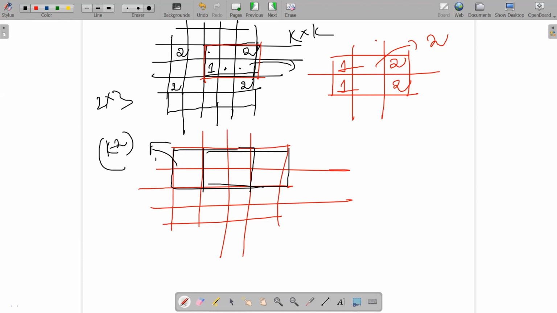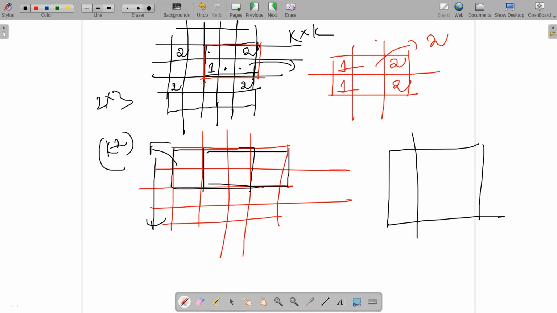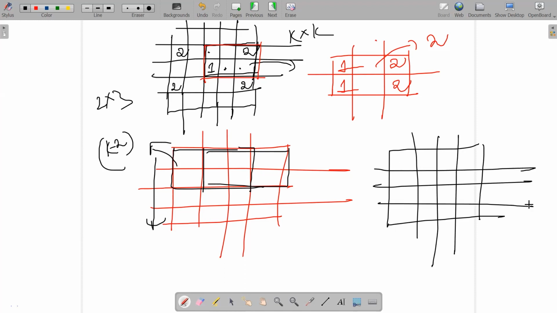And how many are possible vertically? Tell me. Let me draw it again. 1, 2, 3. K minus 1. Yeah, K minus 1. One board I can have here, then one board here, one board here.